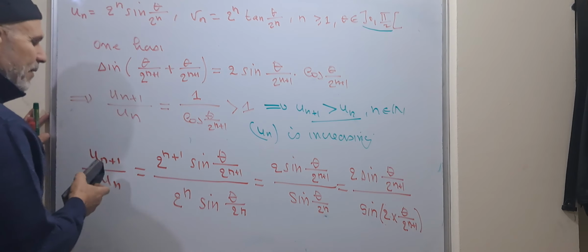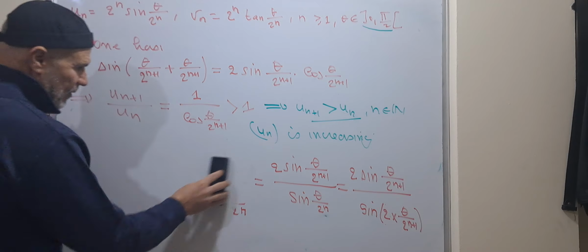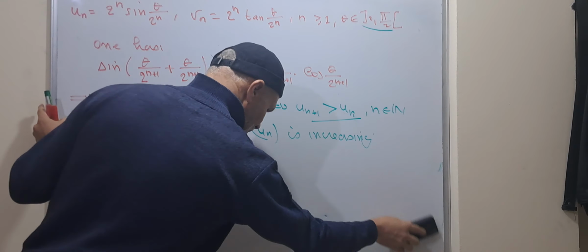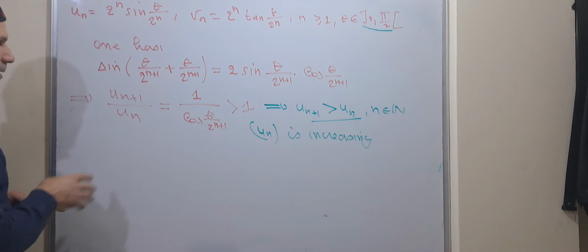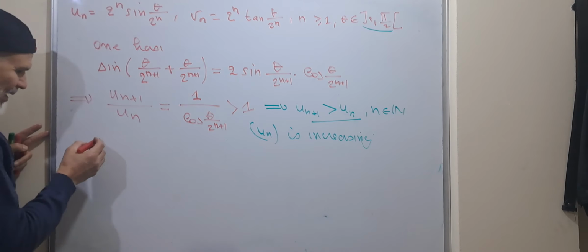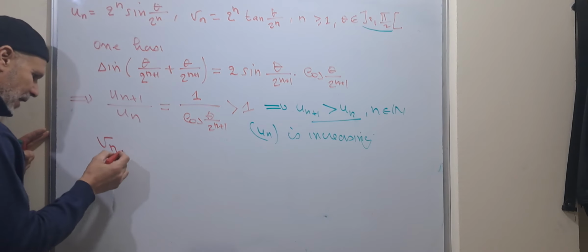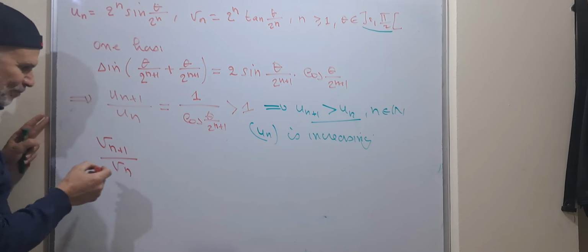Now we deal with v_n. For the same reason, we observe that v_n is a multiplicative sequence, so we use the technique v_{n+1} over v_n, and we compare with 1.